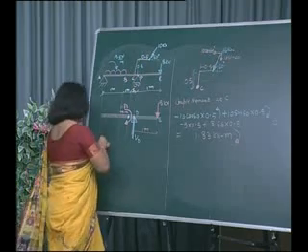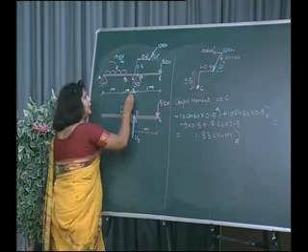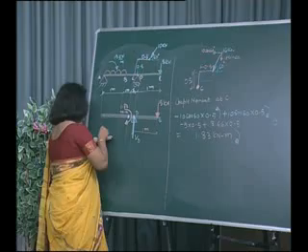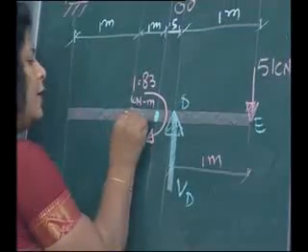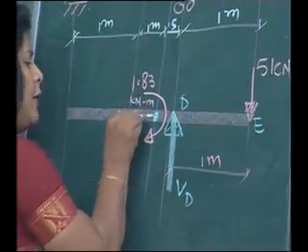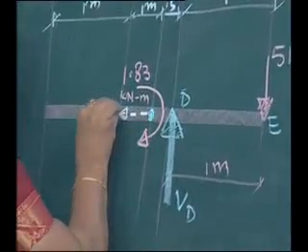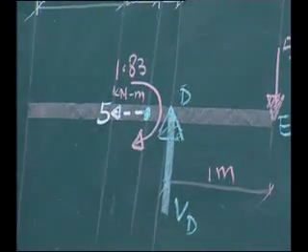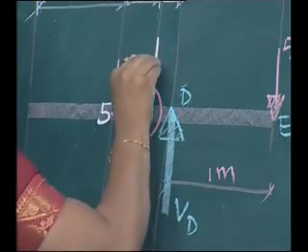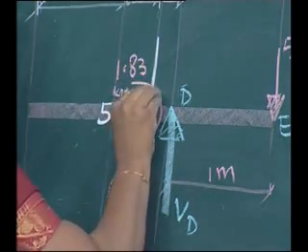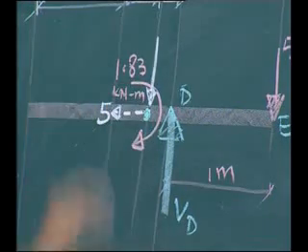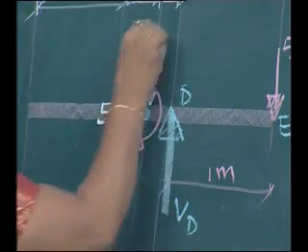So, we can show over here 10 cos 60 in the horizontal direction, and 10 cos 60 is nothing but 5 kilonewton force over here, and another is 10 sin 60 in the downward direction. So, we can show over here 10 sin 60 and its value will be equal to 8.66 kilonewtons.